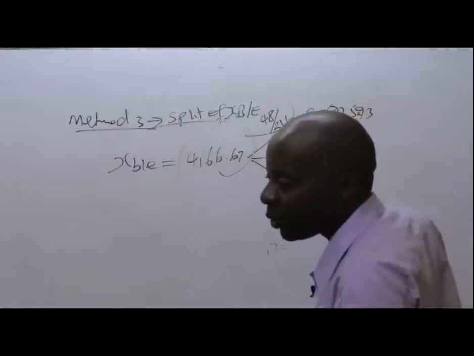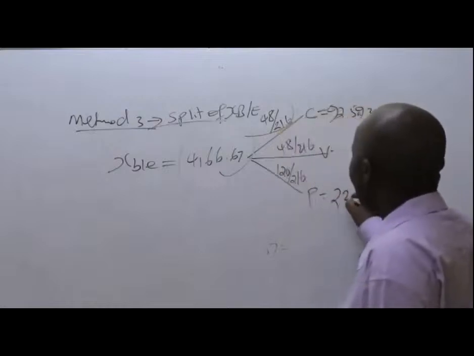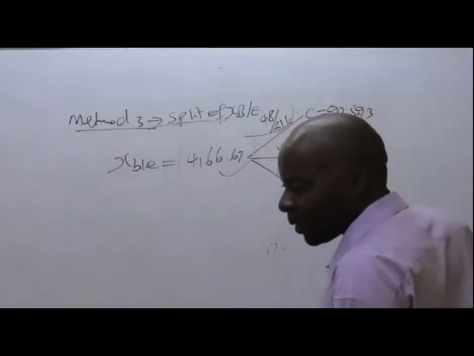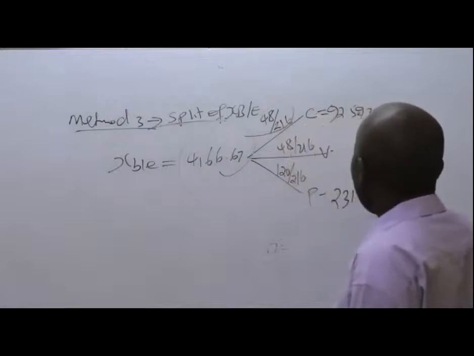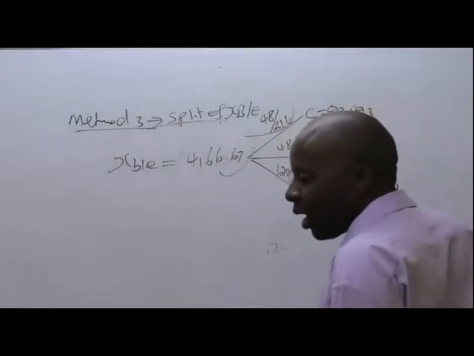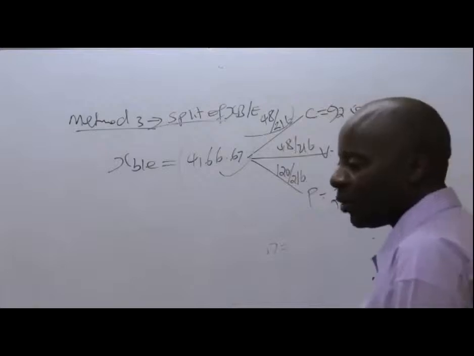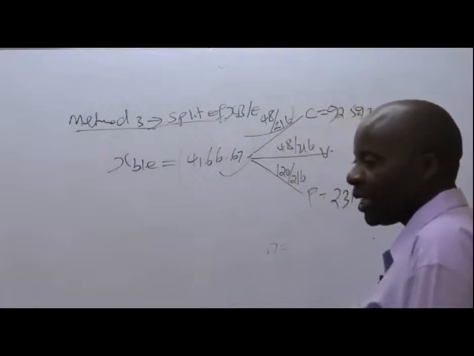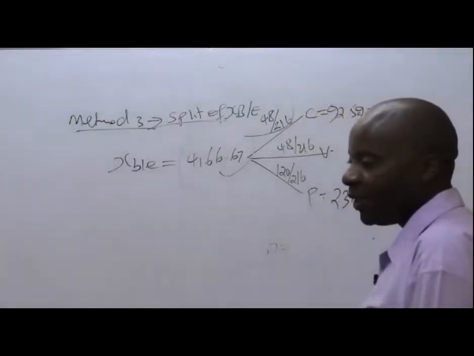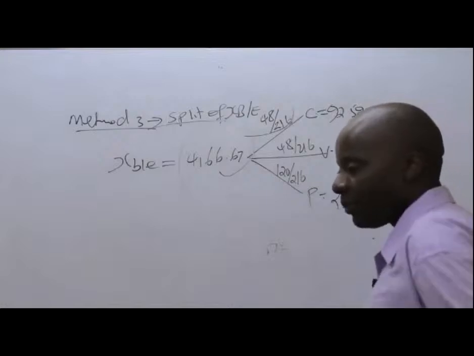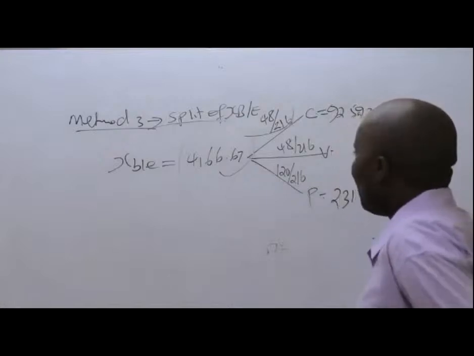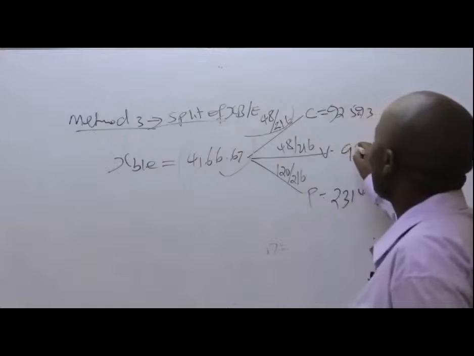So P is 2314.82. How about V? Is there somebody who has been able to get the one of V or the same? Oh, the same, like that.